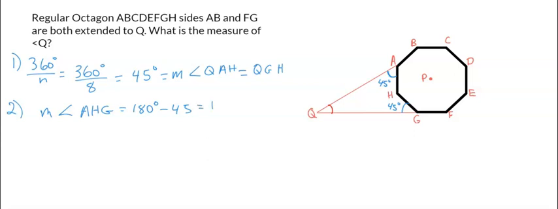So that's equal to 135 degrees. Okay? So that's the measure of this, AHG. So the measure of H is 135. Interesting stuff. Okay? So that's what we're looking for here, the measure of H. So that is 135 right here. Okay, so that piece that we have here, 135.